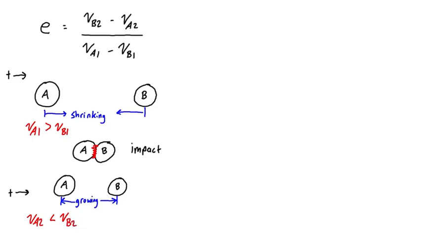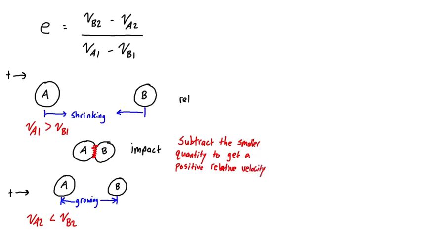So if we want the relative velocity of the two bodies, then we subtract the smaller quantity so we can get a positive relative velocity. On approach, the relative velocity is going to be VA1 minus VB1, and on separation, the relative velocity is going to be VB2 minus VA2.